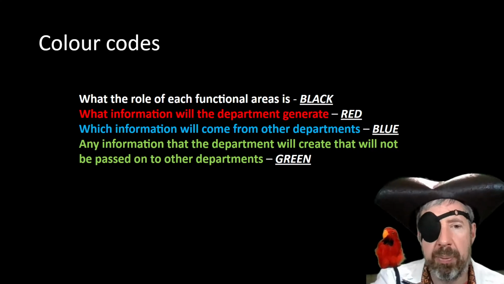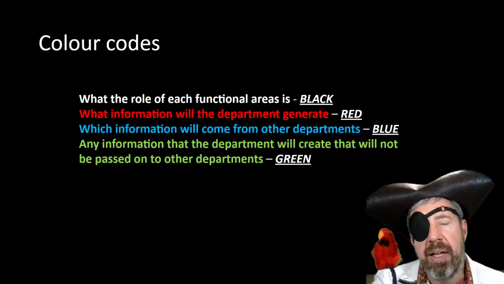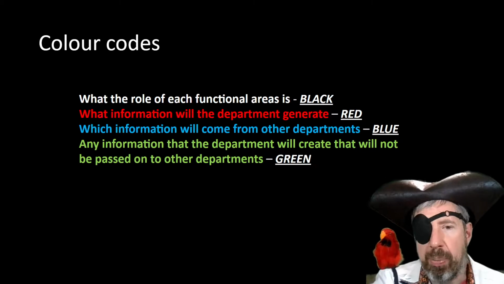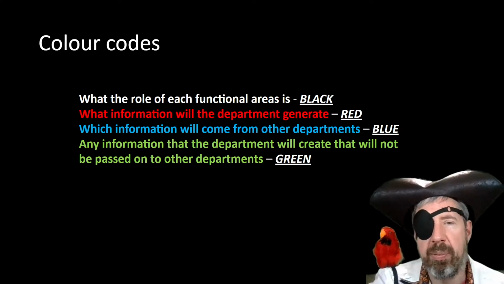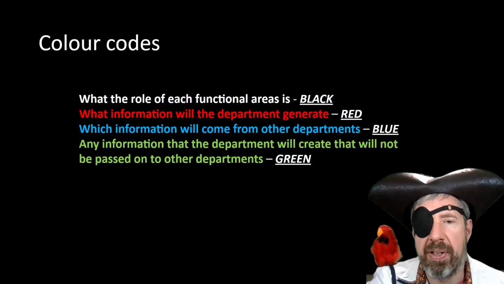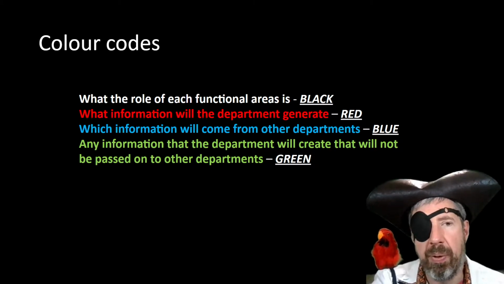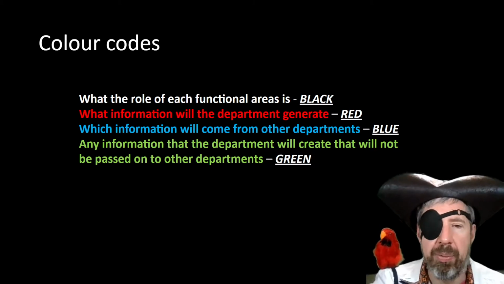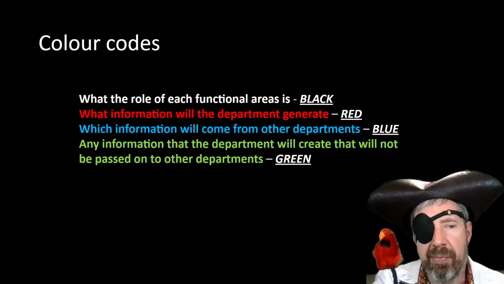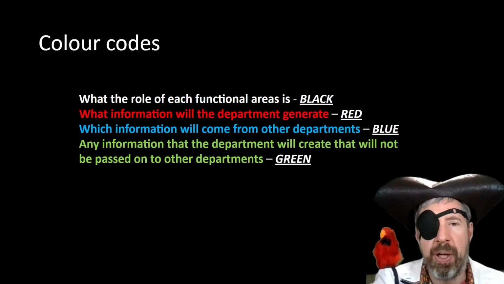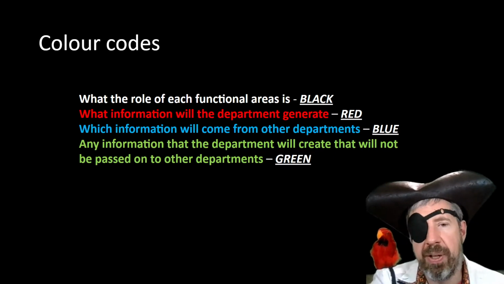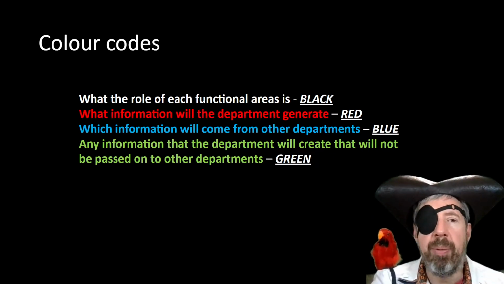That might be blue. And then in green, any information that department generates that's not passed on. So it might be that you've got confidential information in personnel that doesn't go anywhere else within that company, or you've got some figures in, I don't know, the marketing area that no other area of the company needs to know.